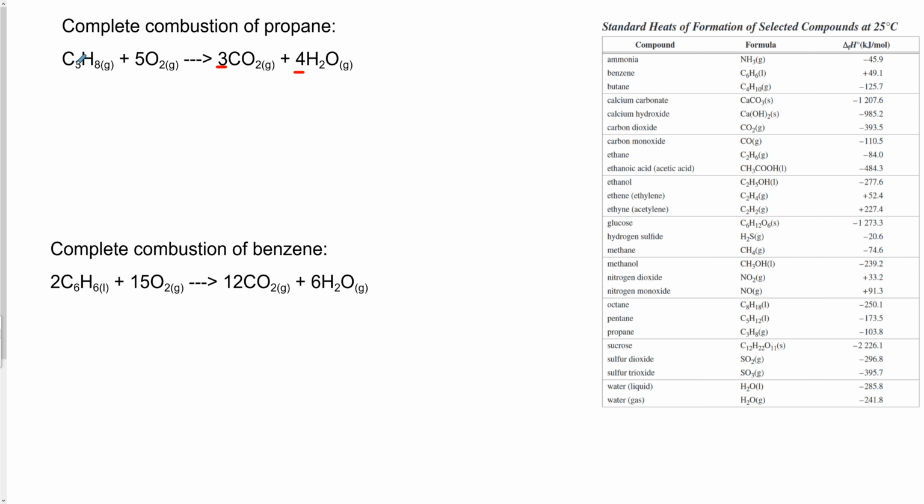So all I do, I'm going to start with the carbon dioxide. I look on my sheet. Hey, look, it's carbon dioxide. How about that? And it turns out that making 1 mole of carbon dioxide costs minus 393.5 kilojoules. So that would be negative 393.5 kilojoules per mole.